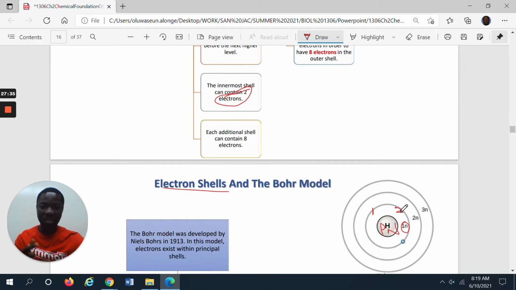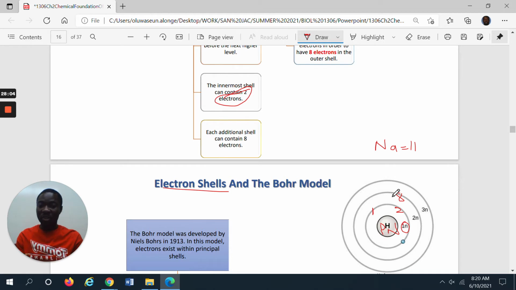We are looking at electron distribution. So let's say sodium has 11 electrons. Now in my mind, I know that the first shell can only take 2. The second shell can take 8. And the last shell can take 8 if it has the last.